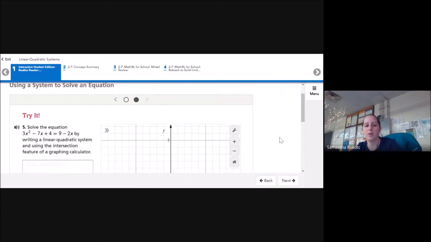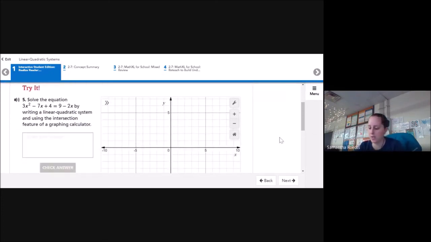So they want us to try it: solve the equation 3x squared minus 7x plus 4 equals 9 minus 2x by writing a linear-quadratic system and using the intersection feature of a graphing calculator.